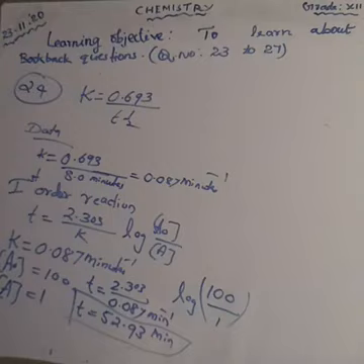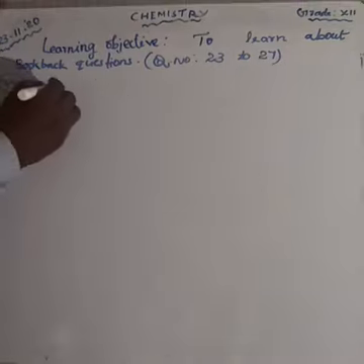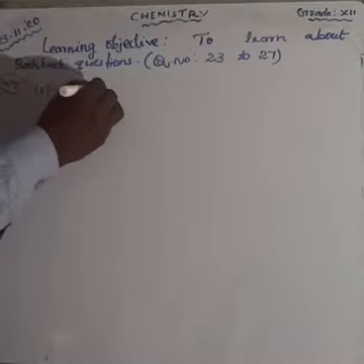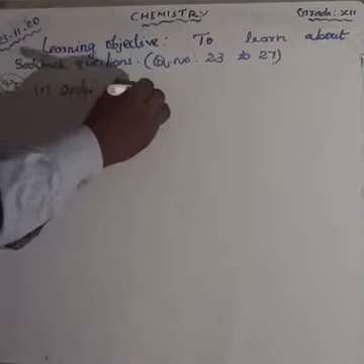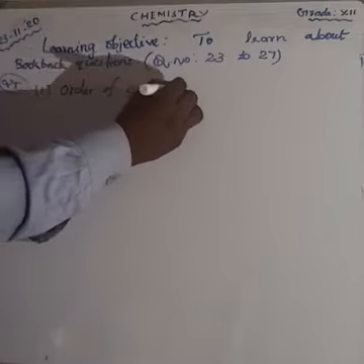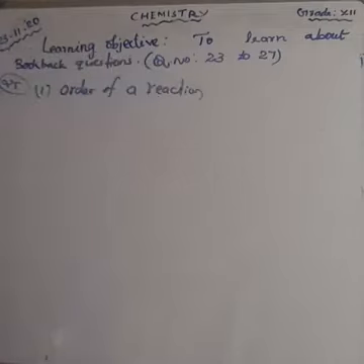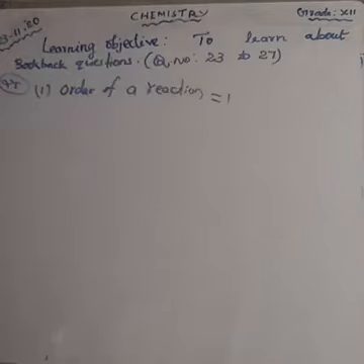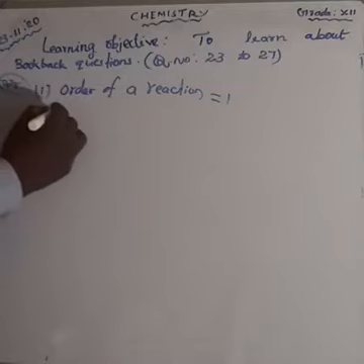What about the next question? Order of the reaction. From this question, we know that the order of the reaction is equal to 1, previously discussed. Next, we should calculate T half.